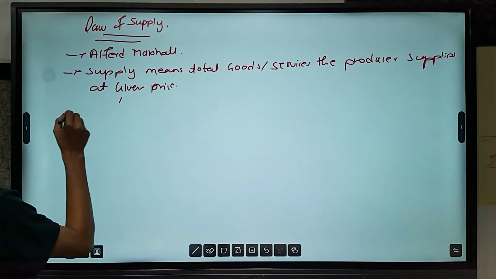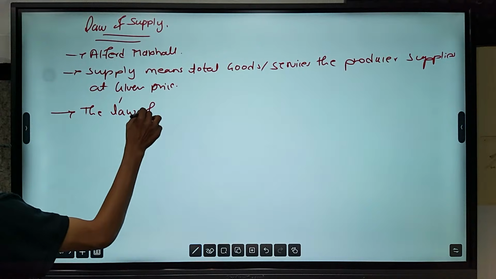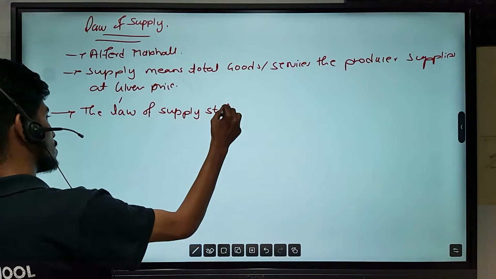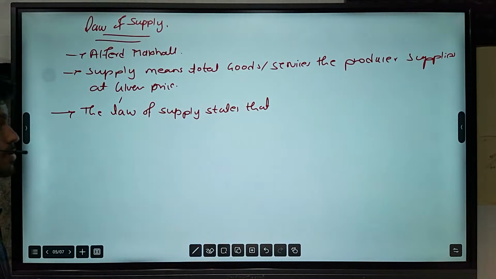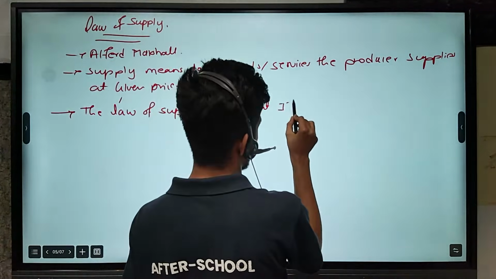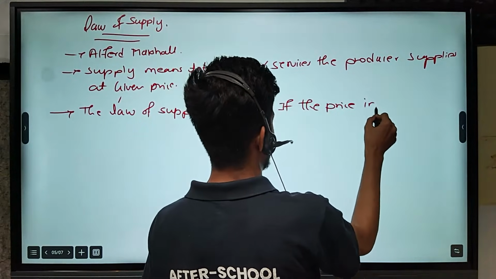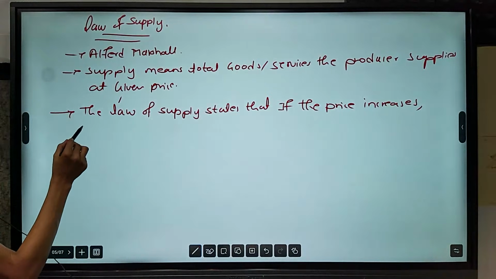That is called supply. The law of supply states that if the price increases, supply also increases.